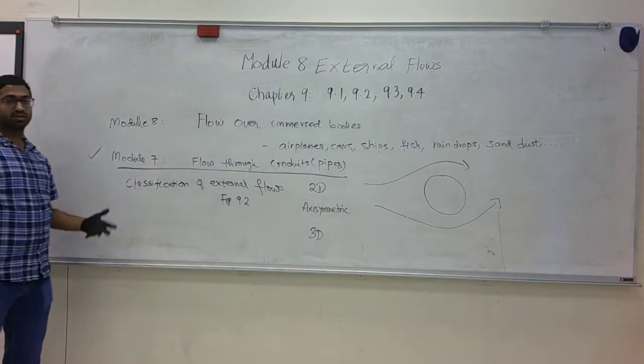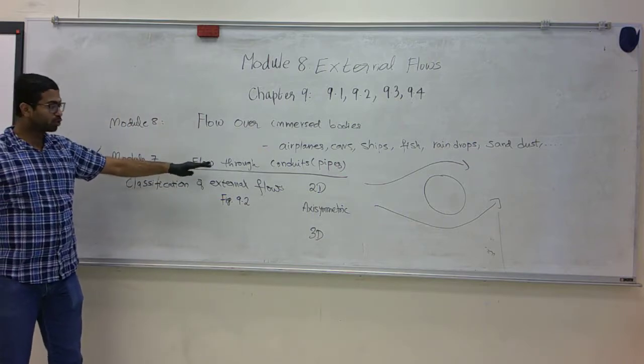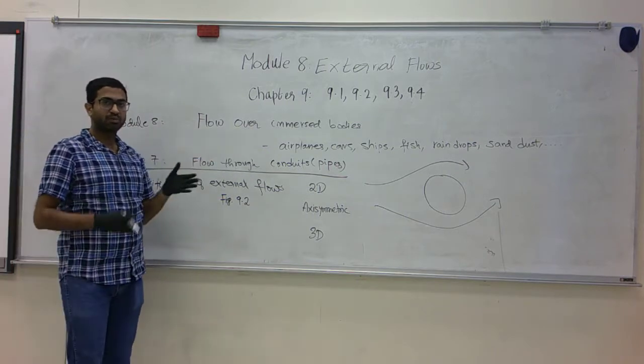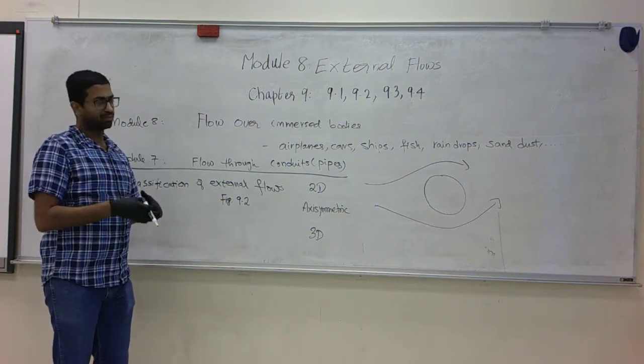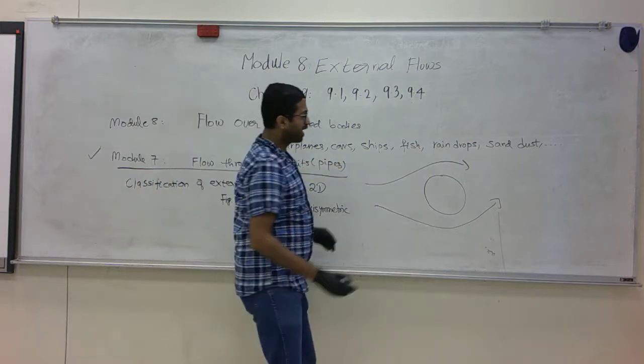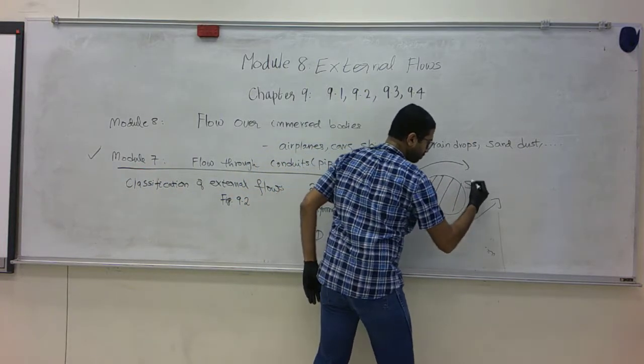If you contrast this with what we learnt in Module 7, where we looked at flow through conduits or pipes, where you are talking about flow that is bounded by the walls of the pipe. Here, we usually have the flow to be in contact with the structure.